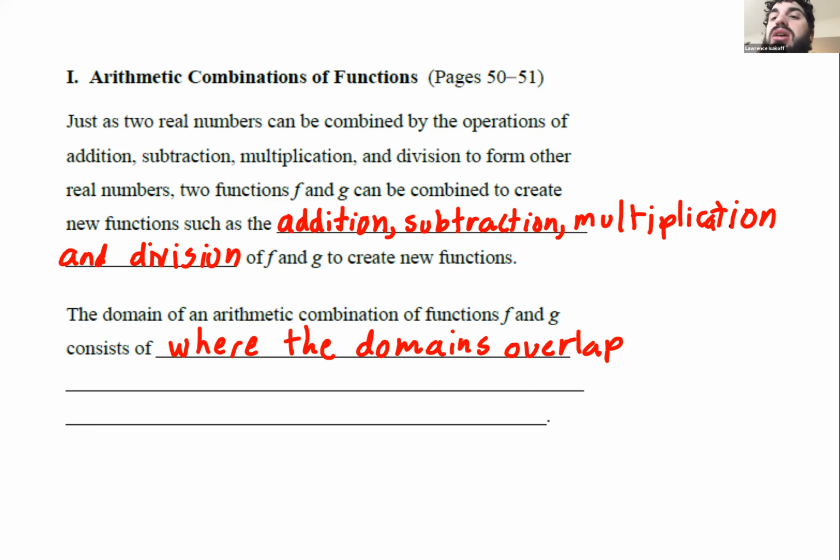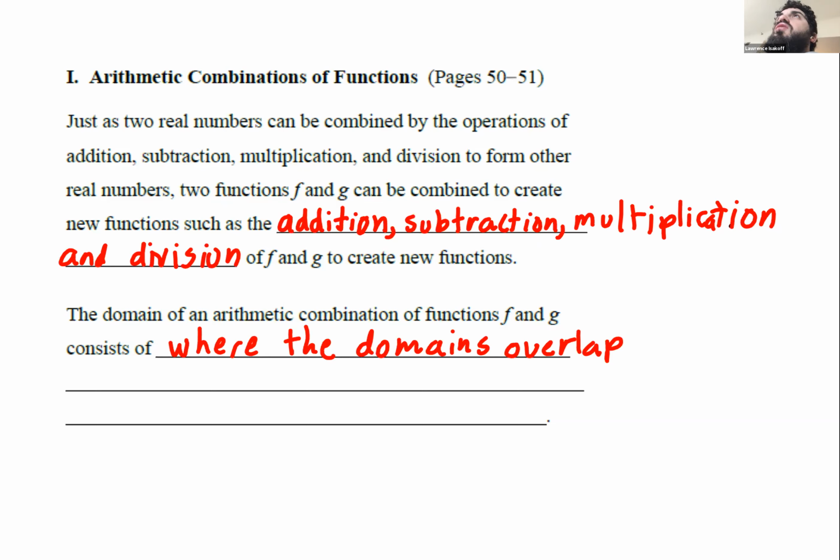The domain of the new function is the overlap of the domain of the original two.